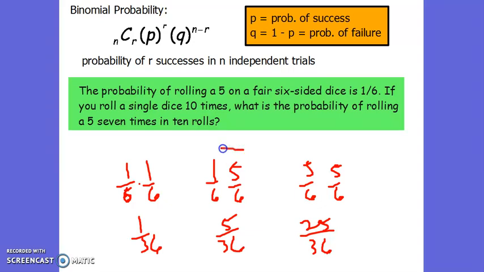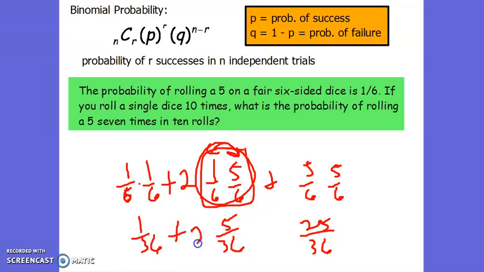And again, the problem comes in that middle case. We've assumed the order. We've assumed that we rolled a 5 and then we didn't roll a 5. What about switching those 2 things around? Essentially, this middle case needs to happen twice, so that when you add them all up, right, because that one can happen in 2 different ways, then we'll end up with a full 36 out of 36.